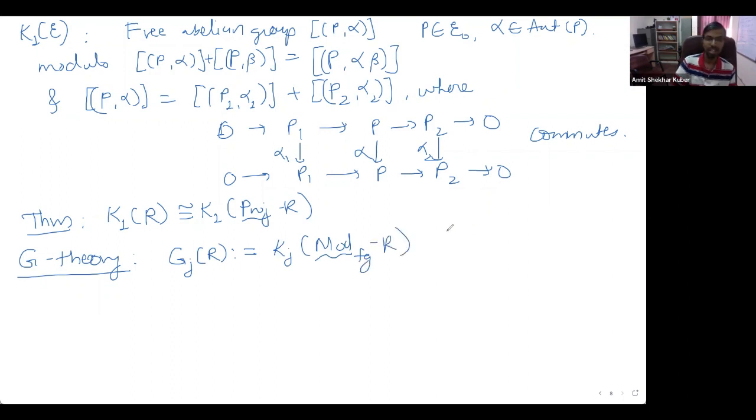And these are in particular interesting for R Noetherian. So this is G theory. You can also study a slightly larger category of finitely generated modules. There are many results about G theory as well, but it is like a branch of K theory. All right.